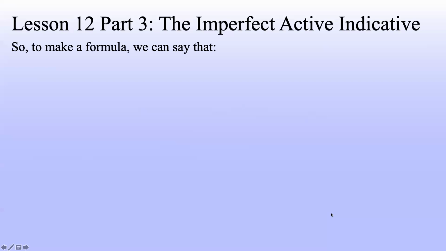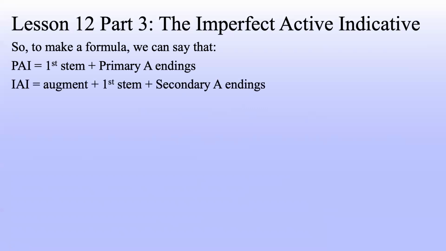So to make a formula for our tenses, we can say that the present active indicative is the first stem plus primary A endings. The imperfect active indicative is an augment plus the first stem plus secondary A endings. Now, technically, there is one more piece. We can split these endings into two different pieces, but we won't do that until Greek 2, just to not confuse you for now.